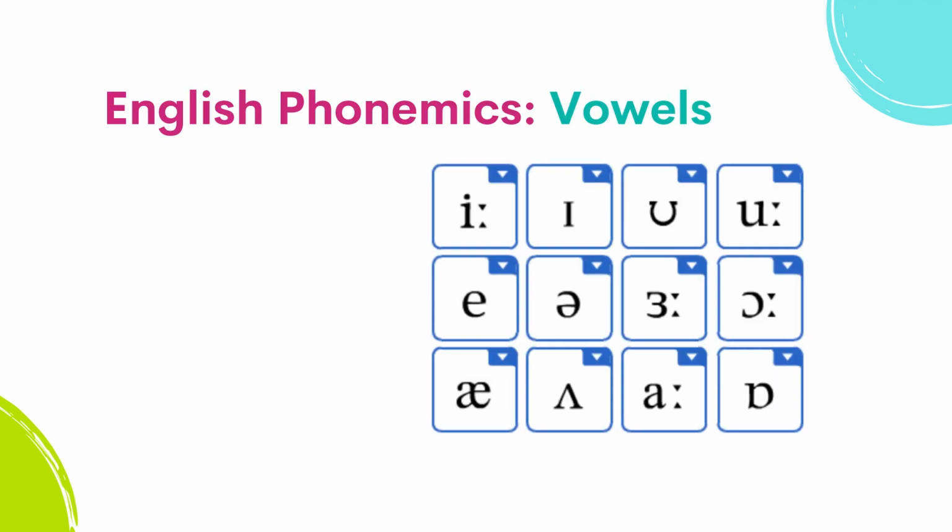We will study the English phonemics chart. We begin with vowels. As you can see in this image, there are some vowels, but some of them are followed by colons. This indicates that the sound is longer.